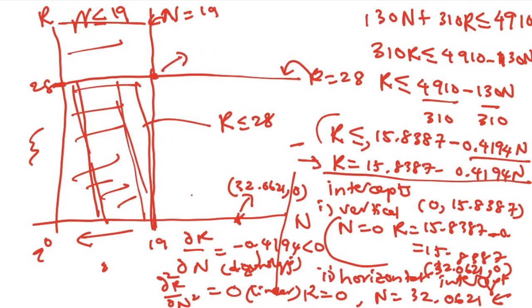Before that, let me finish the line first. Another coordinate is 0 and 15.8387. 15 is here because it cannot be more than 28. This is another coordinate. You join these 2 points.